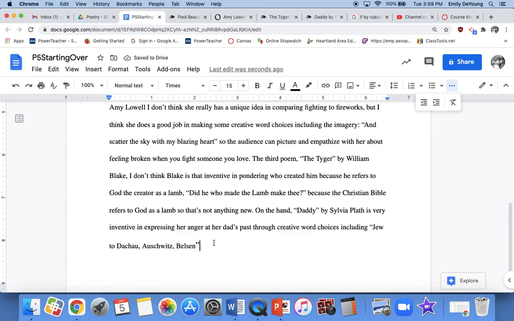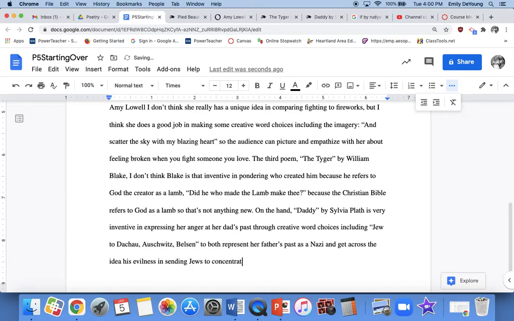Including Jew, to both represent her father's past as a Nazi and get across the idea of his evilness in sending Jews to concentration camps.